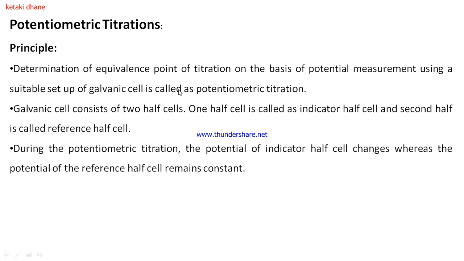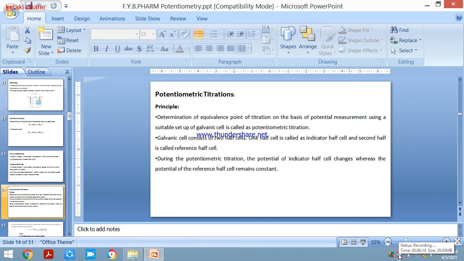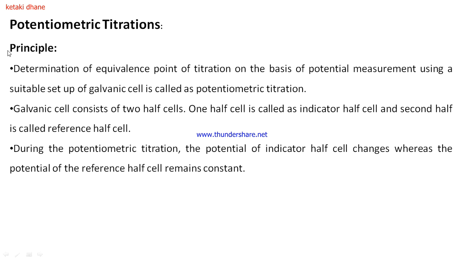The determination of the equivalence point of a titration on the basis of potential measurement, using a suitable galvanic cell, is called potentiometric titration. What is potentiometric titration? It is the determination of the equivalence point of a titration on the basis of potential measurement.